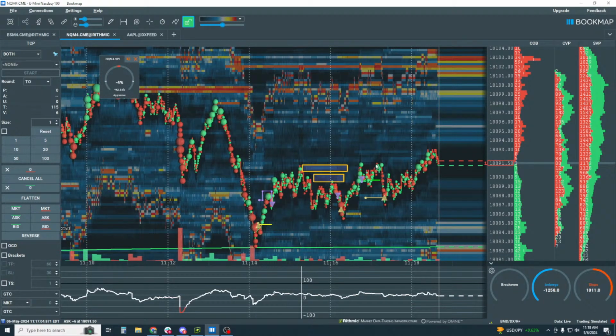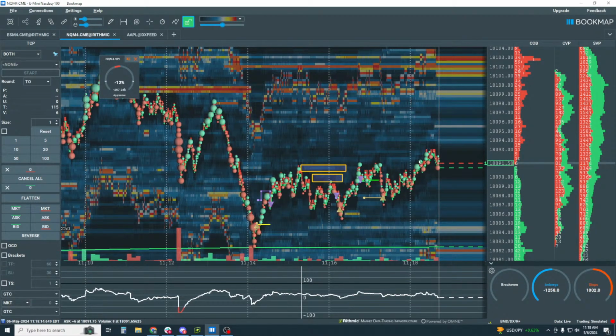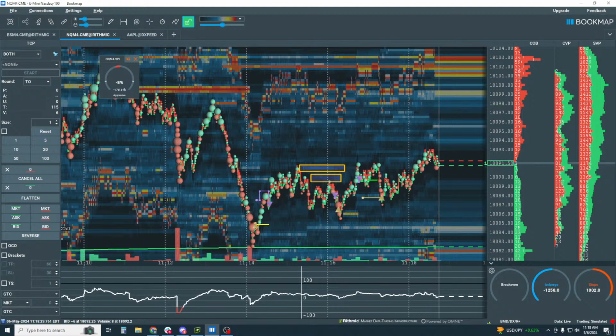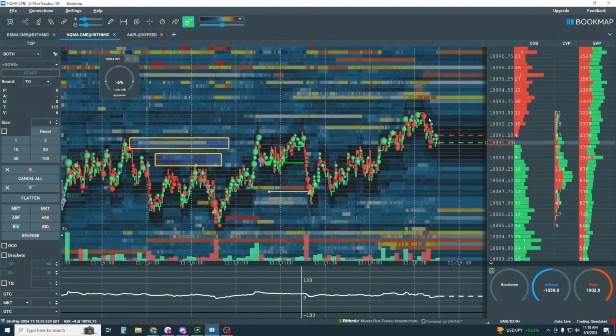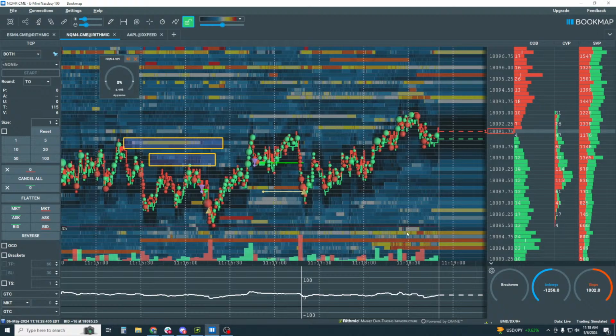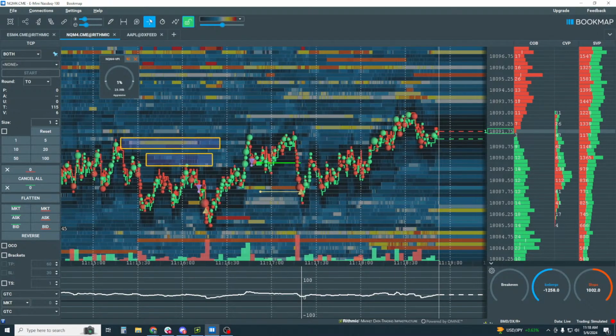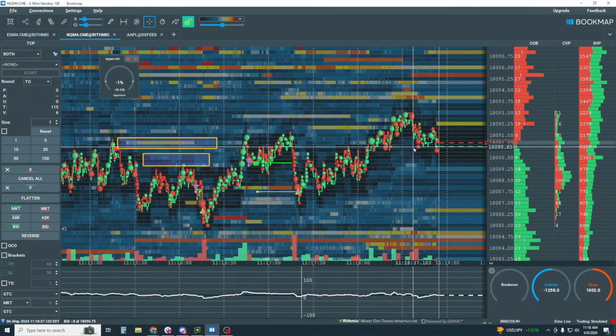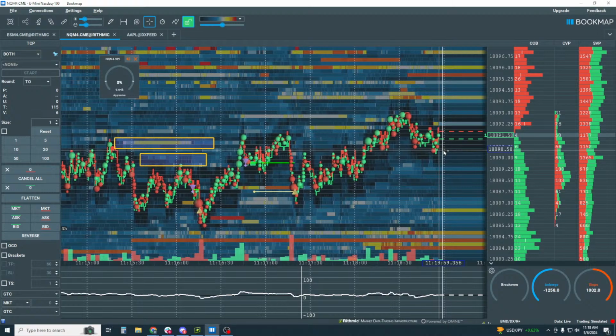Okay, so where are we now? We're back up above this swing here. So see if there's our exhaustion. We kind of missed it already though. It's already traded down to this level here. Okay, so yeah, nothing we can do there.